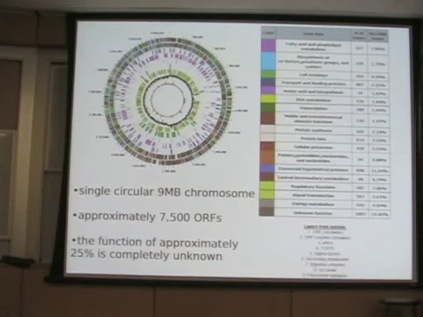Protein fate, cellular processes. So when I say that the function of approximately 25 is completely unknown, that basically means unknown function here, and conserved hypotheticals, which basically means unknown function, but there are proteins of unknown function that are the same in other organisms that have been sequenced. So when you add that up, that's 25% where we either don't know what it is at all, or we don't know what it is, but there's something else in another organism that we don't know what it is.